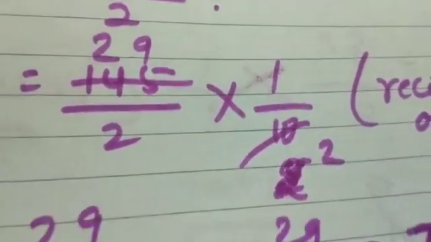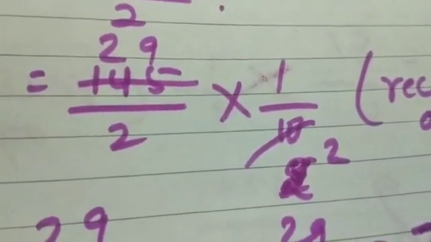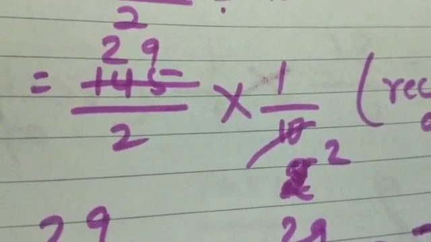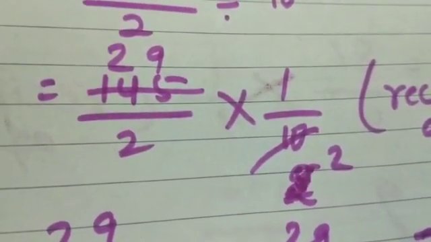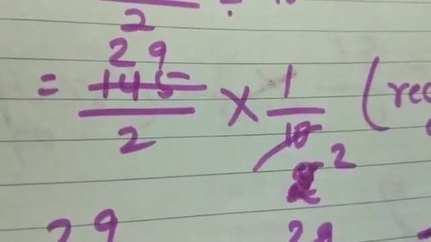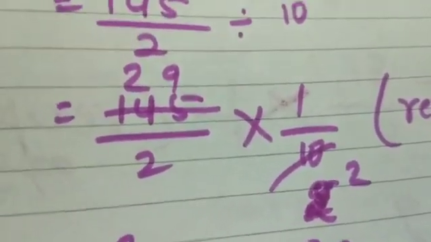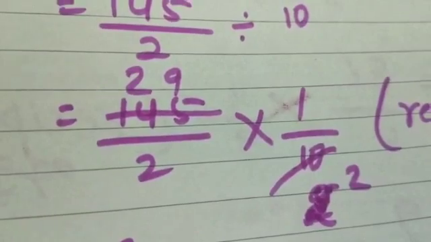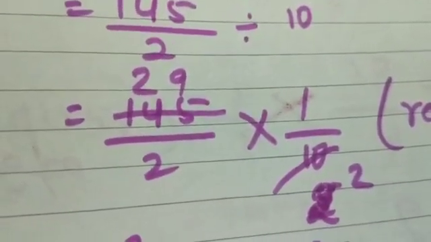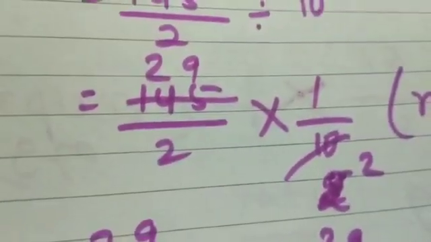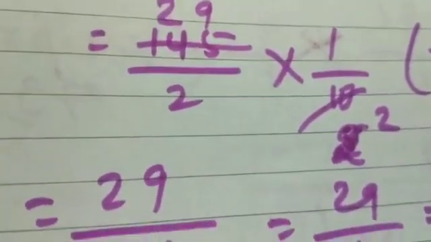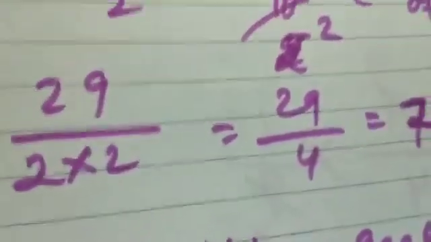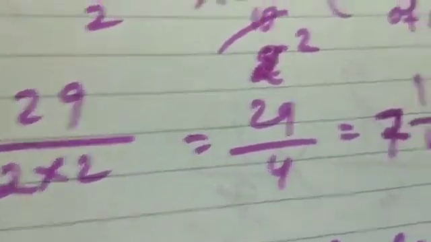So both 10 also comes in the table of 5, and 145 also is divisible by 5. So 29 5s are 145 and 2 5s are 10. So we are getting 29 and 2, 1 by 2 into 2. So that will be 29 by 4.